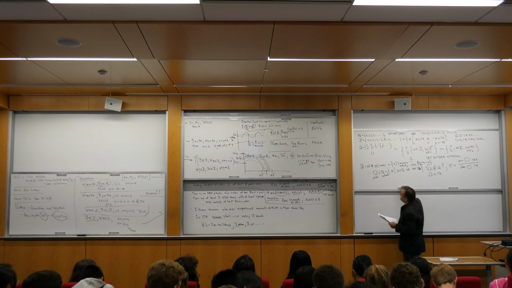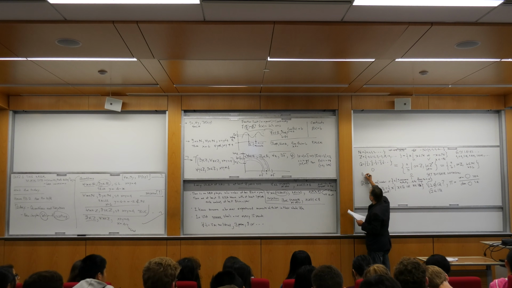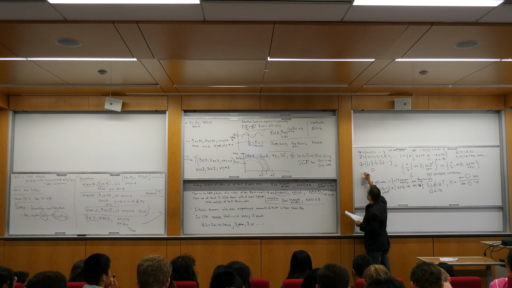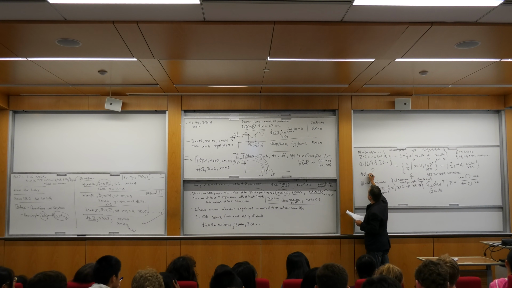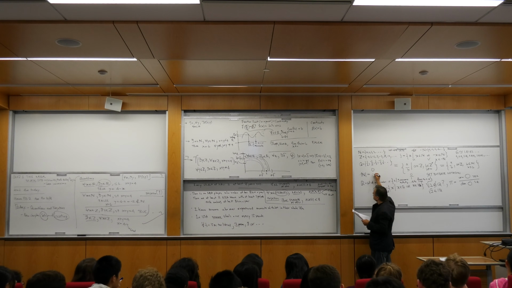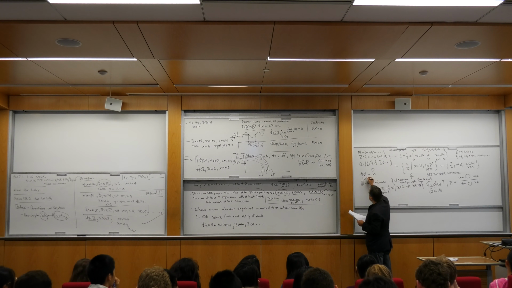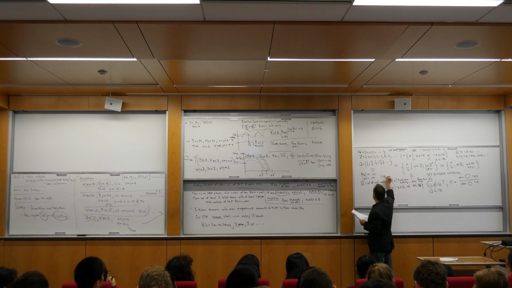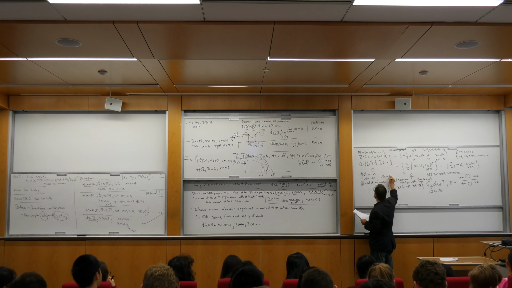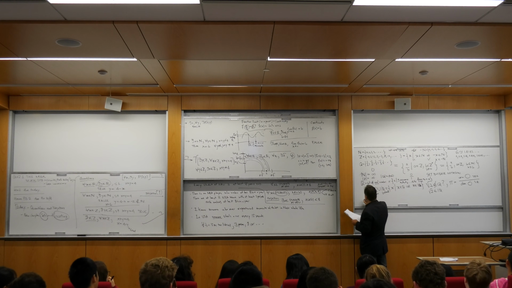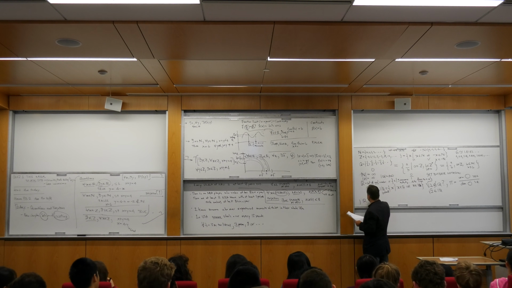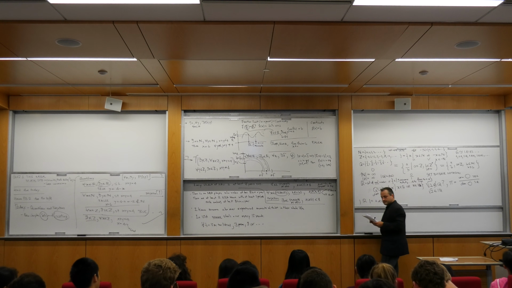How about for N? How many elements are in N? The size of N is what? Infinity, right? How about the size of Z? Infinity. How about the size of Q? Infinity. How about the size of R? Also infinity, right?